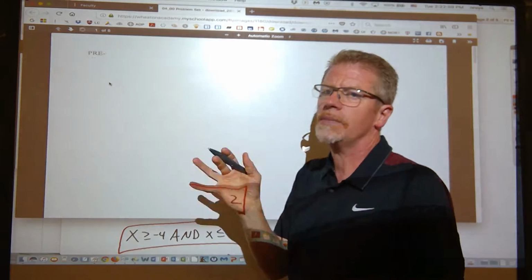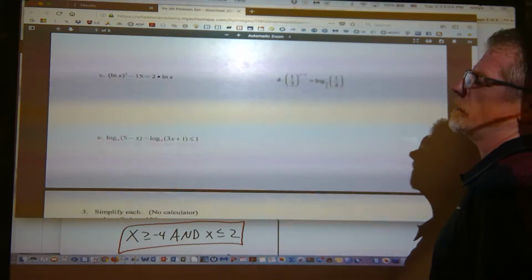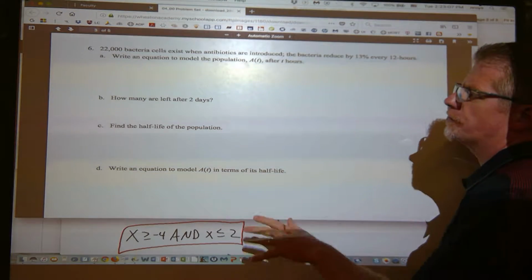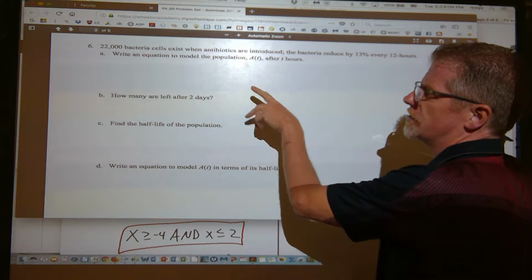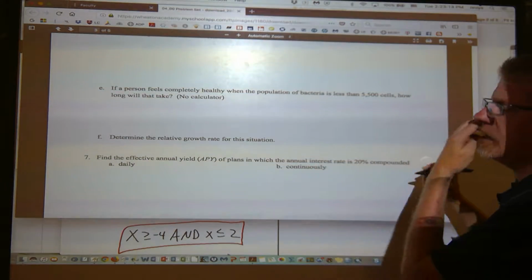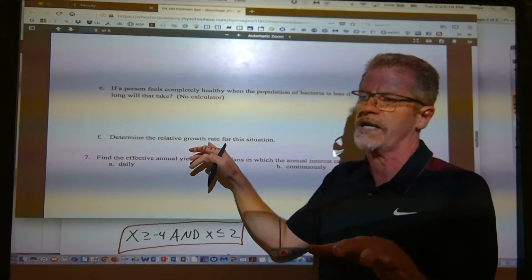If you click on Problem Set 4, the only problem I want you to do for homework is problem 6. It's a multi-part problem. We'll probably do enough in class today for you to understand parts A, B, C, D, and E. We probably will not get to relative growth rate.